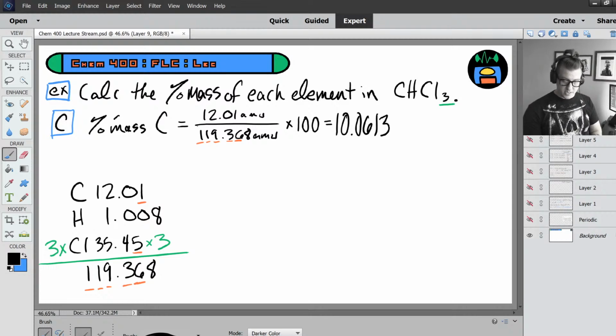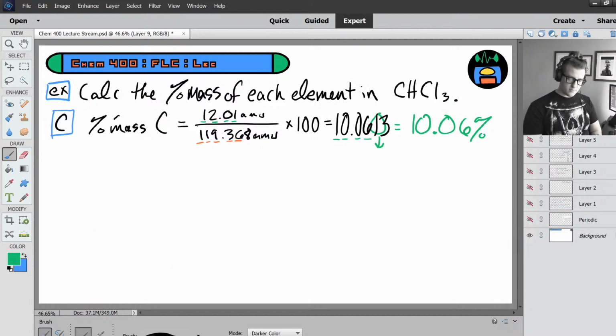The number keeps going, but we don't need it because of sig figs. Our denominator has 5, but you'll notice our numerator has 4, so 1, 2, 3, 4. This one will round down, and our mass percent of carbon will be 10.06%. That's our mass percent of carbon.